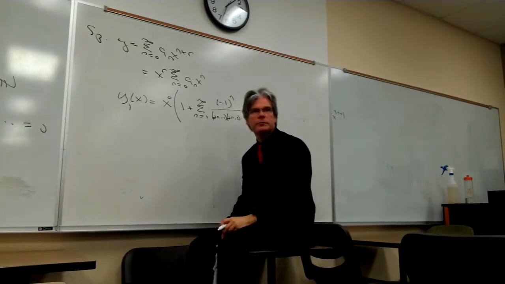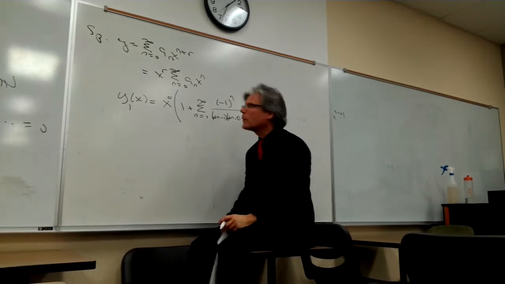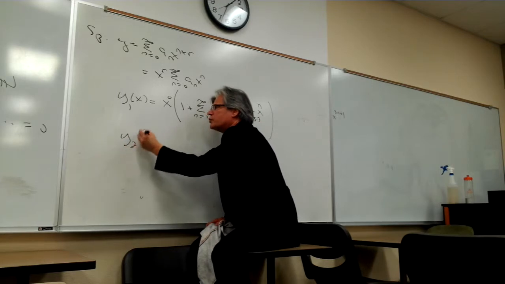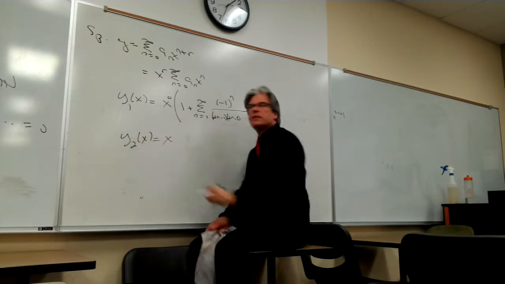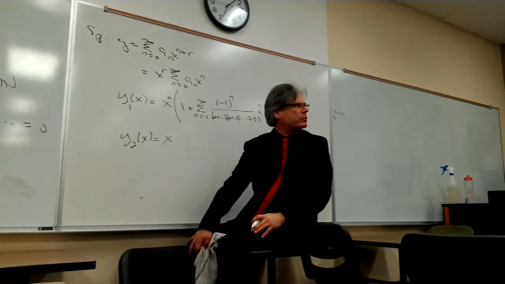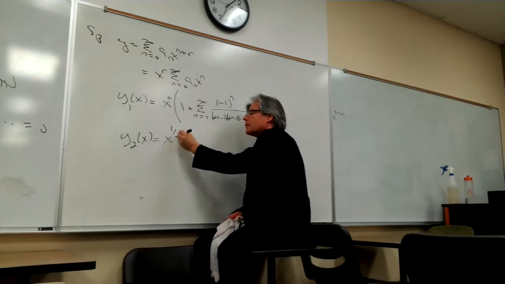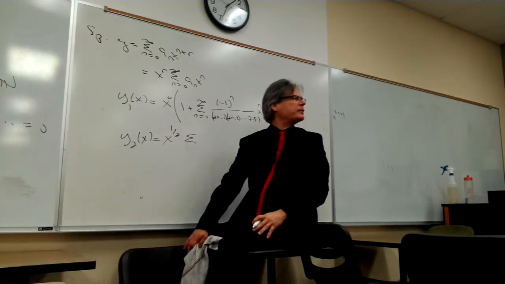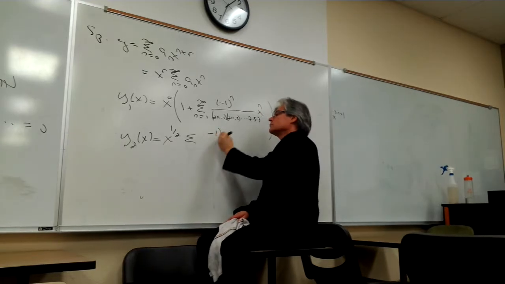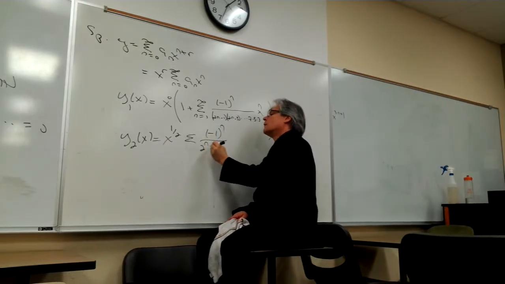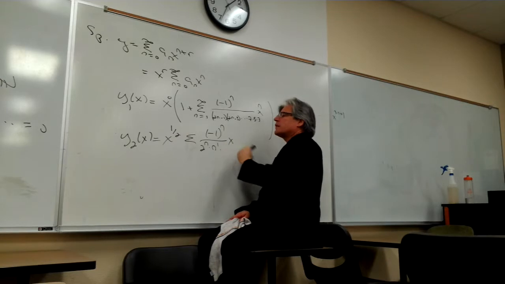I misspoke. I think my y sub 2 is going to be nothing more than x to the r, which is x to the 1/2, times the sum of my a sub n, times my x to the nth power.